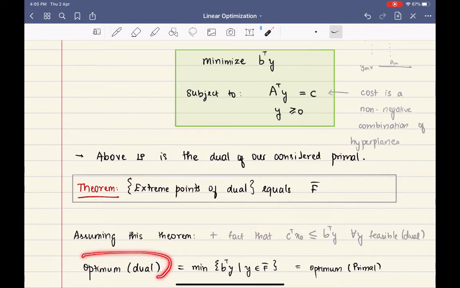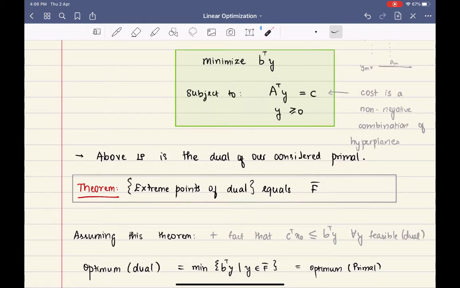Okay, so the optimum of a dual will be the least value of the extreme point, and this turns out to be the optimum of the primal. Okay, so we have the duality theorem. When the primal has an optimum, the dual will have an optimum, and both the optima are equal.